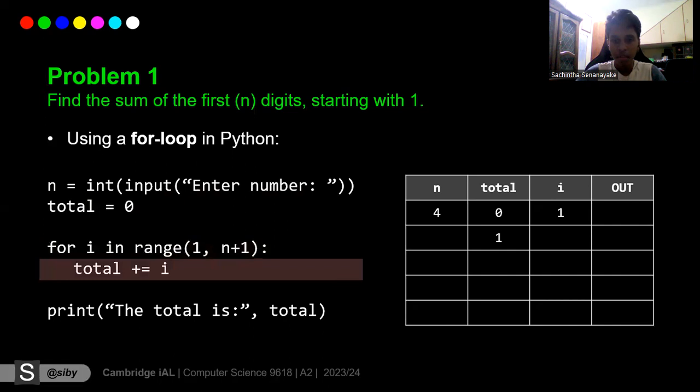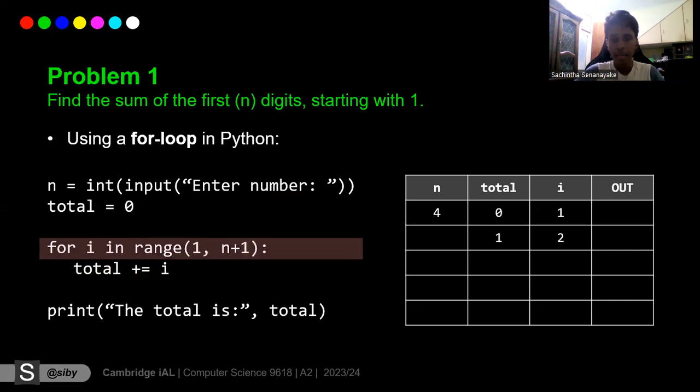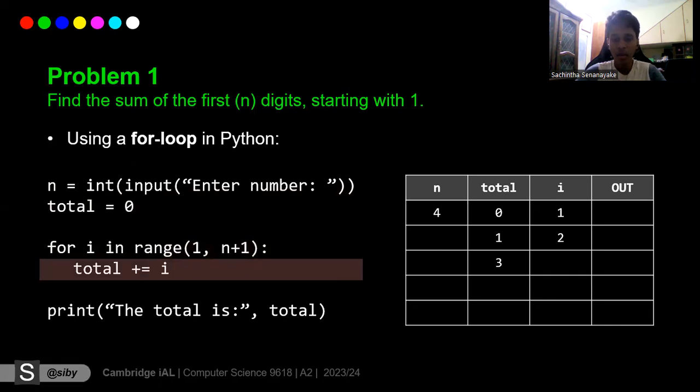And then each time, the loop will iterate through, adding each new i value to total. So right now, i is 1. i gets added to total, which is initially 0, to increment it to 1. And then i becomes 2 as a result of the next for loop iteration. And then that 2 gets added to the current total, which is 1, so 1 plus 2 becomes 3.